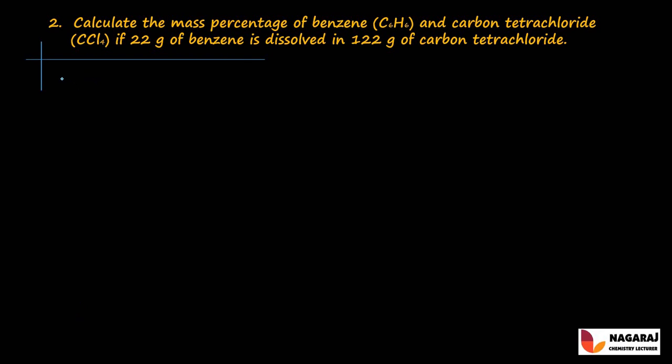So first we have to calculate the mass of the solution. The mass of solution is the sum of the masses of solute and solvent. So the mass of solute is 22 grams. That is, the solute is benzene.